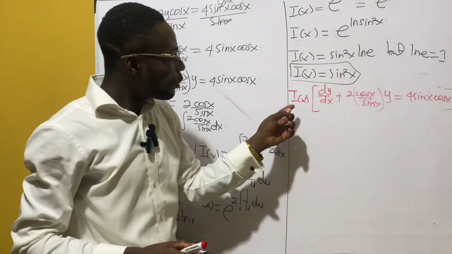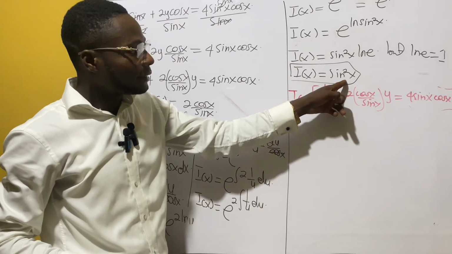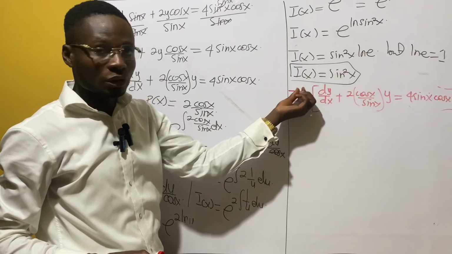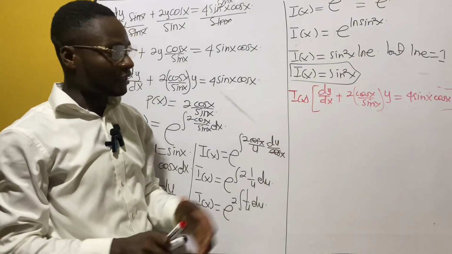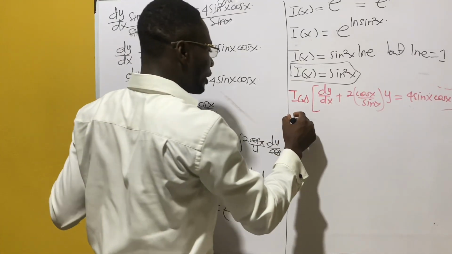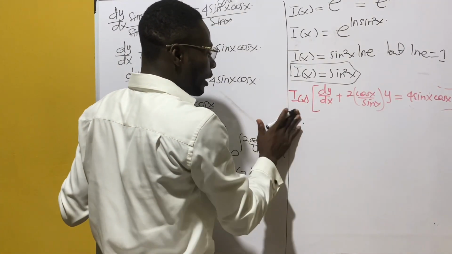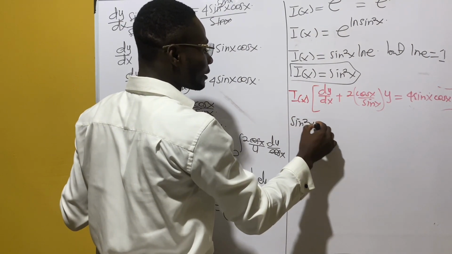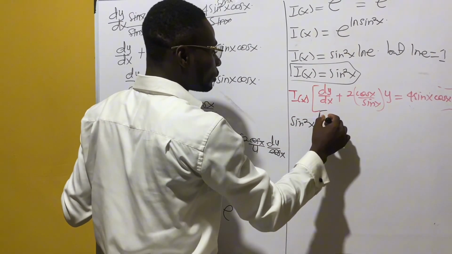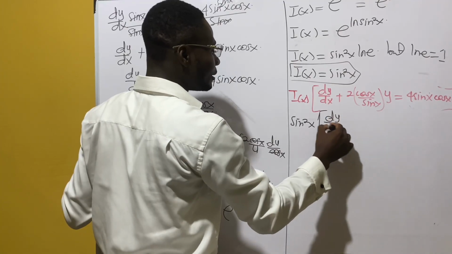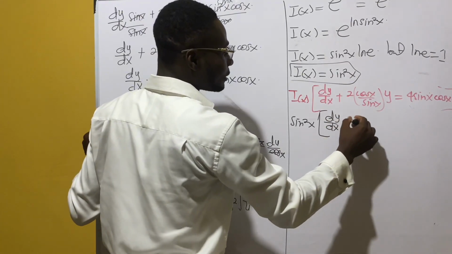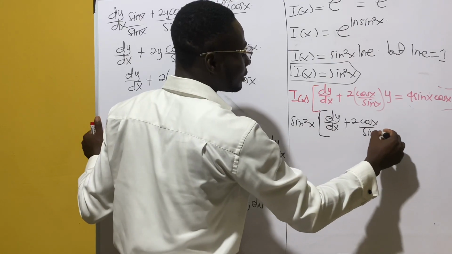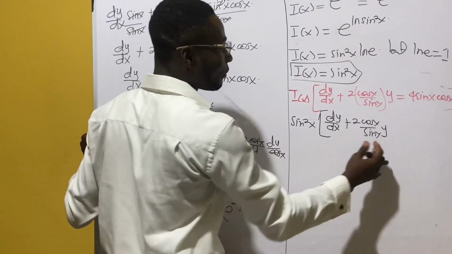We can now bring in what we had for the integrating factor. So here we have our I of x, which is the integrating factor, sine squared x, into dy/dx plus 2 cos x over sine x times y, right?